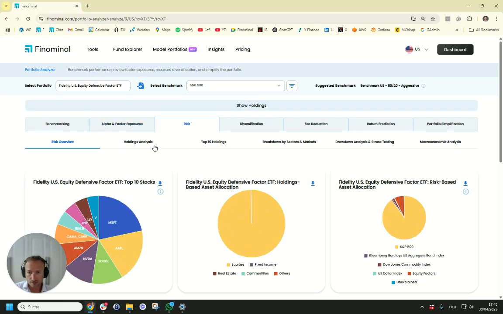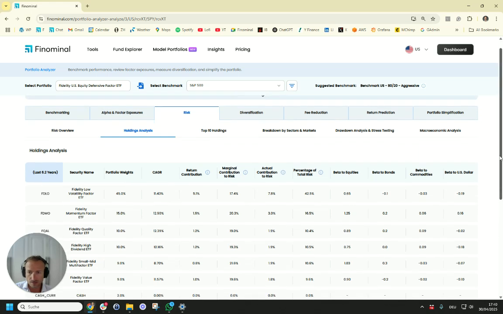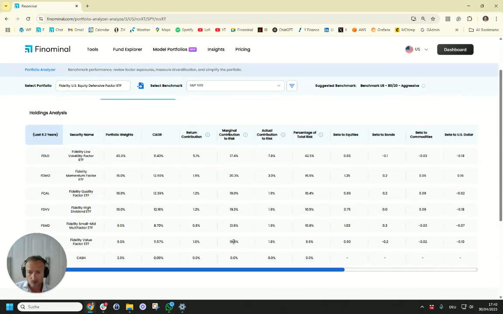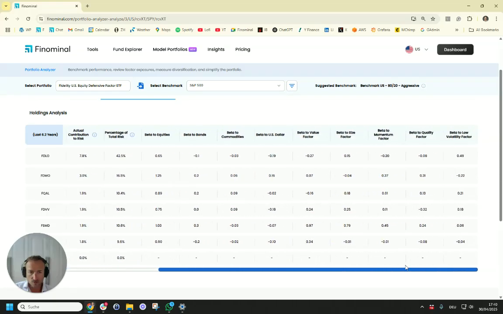We can evaluate that by looking at the holdings analysis, where you see the factor betas for each of those underlying ETFs. Here, for example, is the beta to the value factor, and as we can see, negative, positive, negative, positive, positive, positive. That effectively means factor offsetting is going on. You can see the same thing for the size factor, momentum factor, quality factor, and low vol factor.